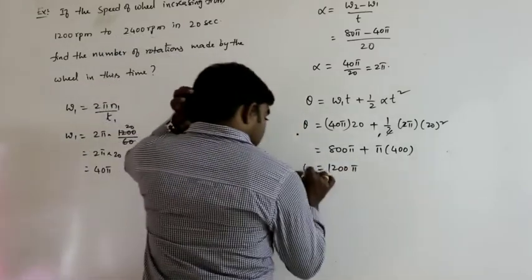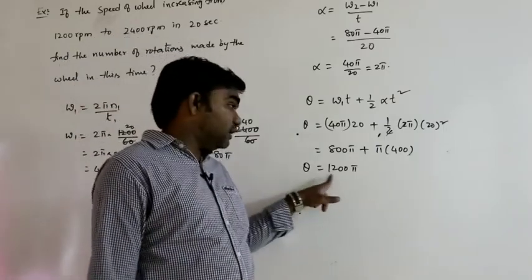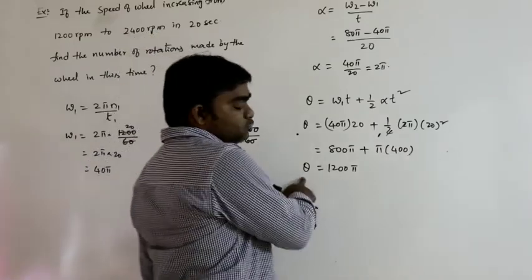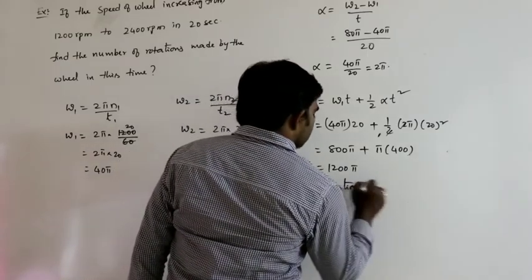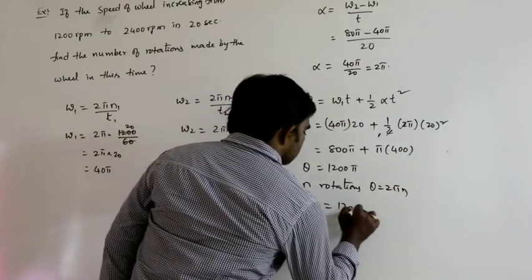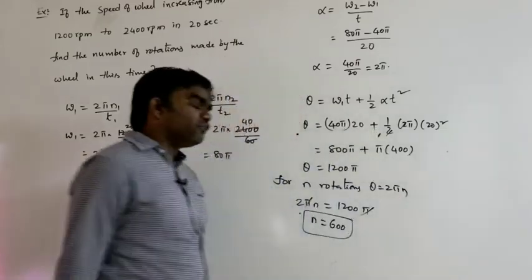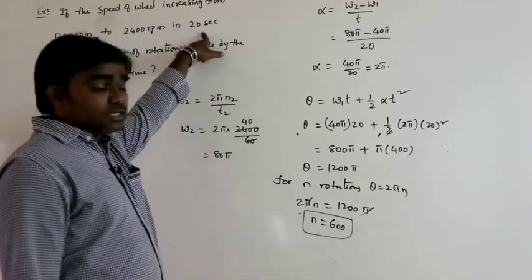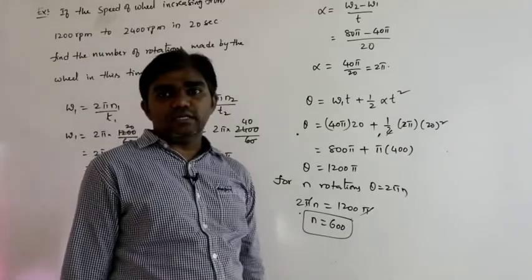The total angle covered by the wheel is 1200 pi. For one rotation theta is 2 pi, so for n rotations theta is equal to 2 pi n. Therefore 2 pi n is equal to 1200 pi. Pi gets cancelled, and n is equal to 600. So the number of rotations made by the wheel in the time interval of 20 seconds is 600.